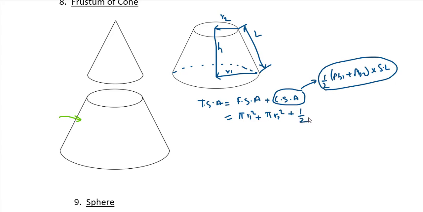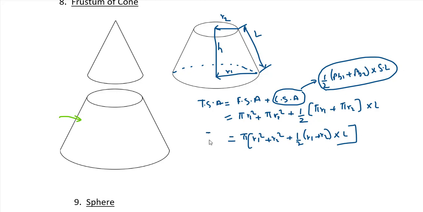Okay, so if we apply this for a cone, it will be half into perimeter of base 1, which will be pi into r1 plus pi into r2, into slant length L. So you can take pi common throughout: pi into (r1 square plus r2 square) plus half into (r1 plus r2) into slant length L. So this will be your formula for total surface area in case of frustum of a cone.